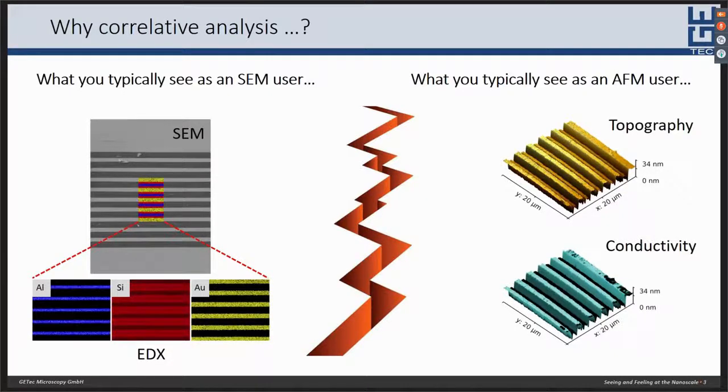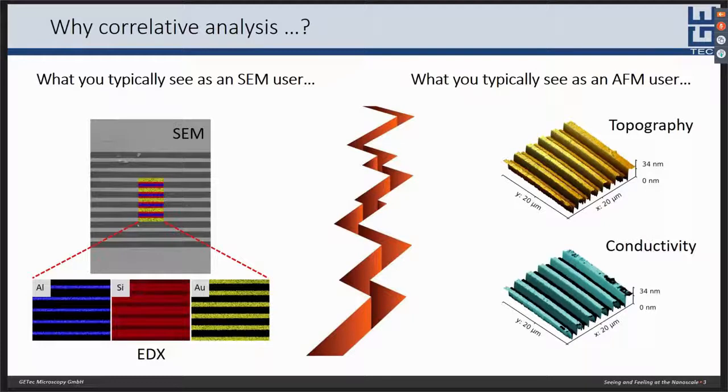Second, finding exactly the same spot on your sample with the AFM and the SEM is either very time-consuming or, in many cases, even impossible if you want to look for very small features in the sub-micrometer range. Third, you cannot work with air-sensitive samples due to the breaking of the vacuum during the sample transfer from the SEM to the AFM.